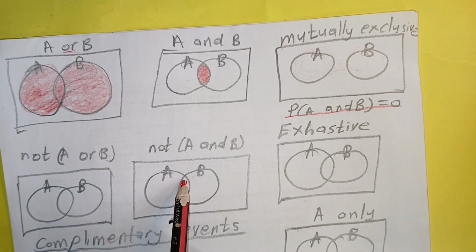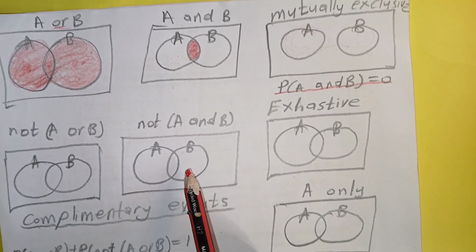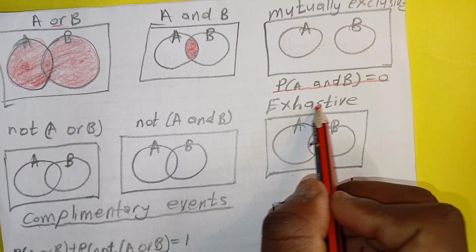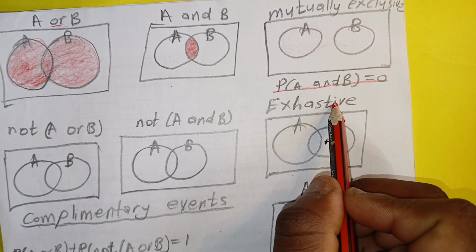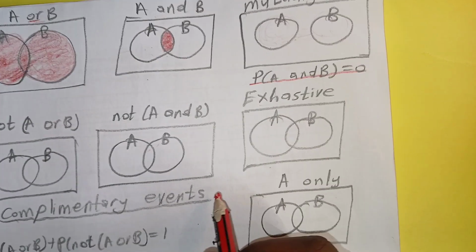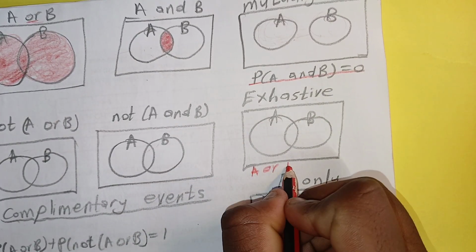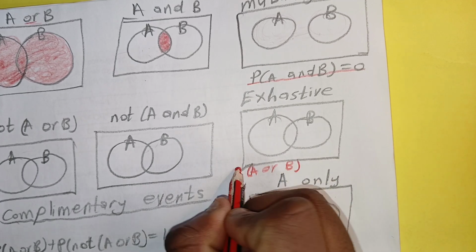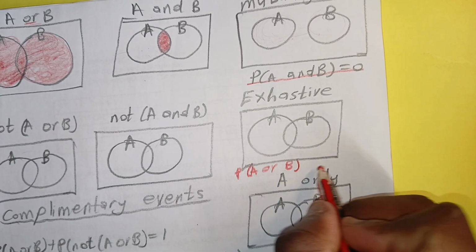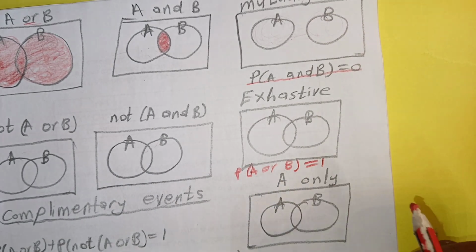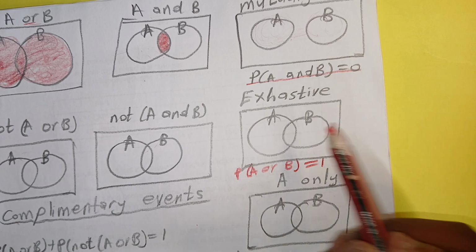Also you should know the word exhaustive. When they talk about exhaustive, they talk about A or B. If the probability of A or B gives you 1, you should know this event is exhaustive.